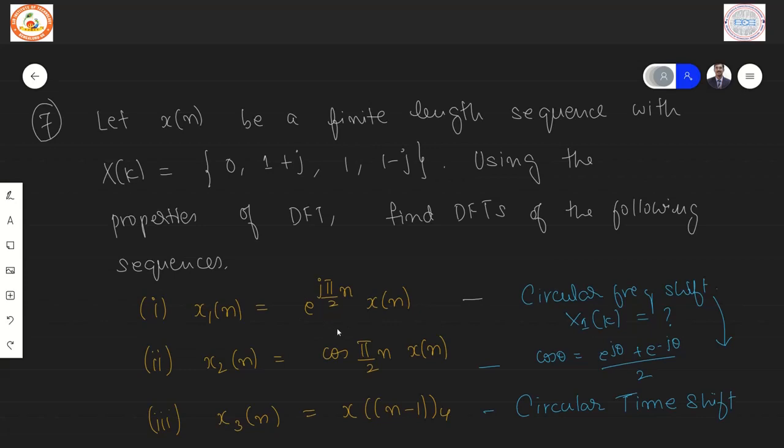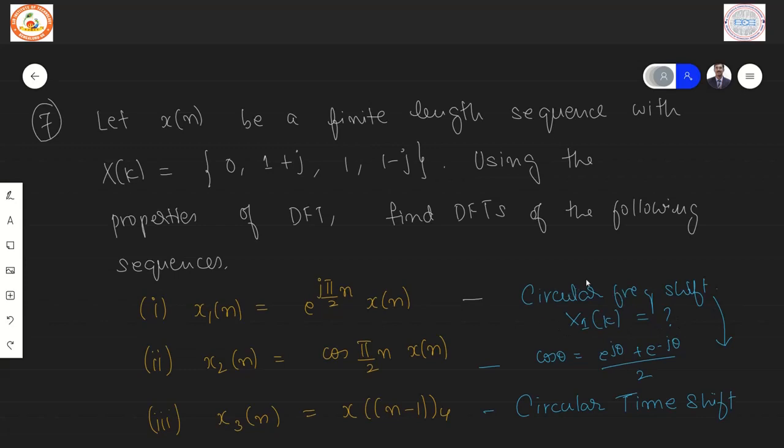So we should identify that this property of multiplying by an exponent in the time domain results in a circular frequency shift in the frequency domain. So therefore we have the circular frequency shift property, and the problem is to find x1 of k.